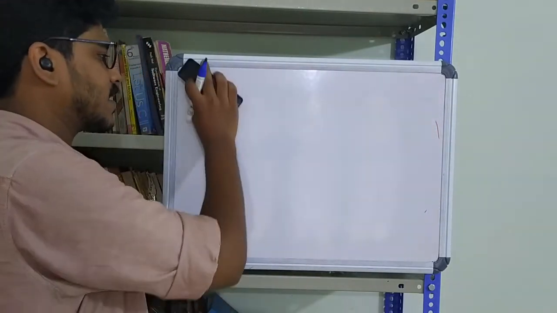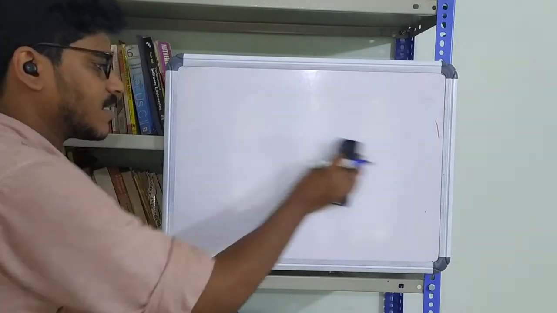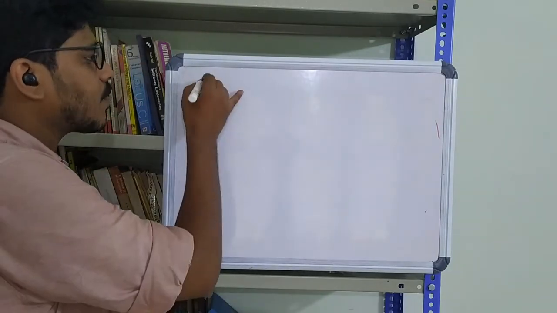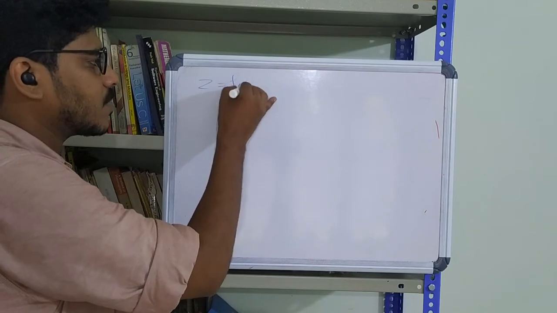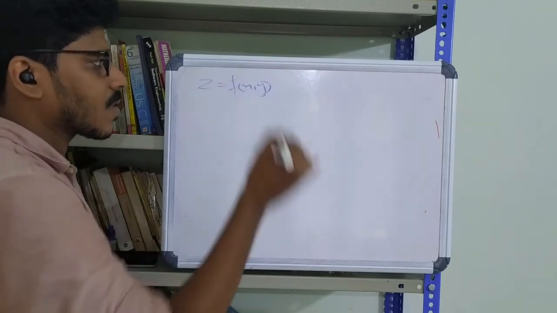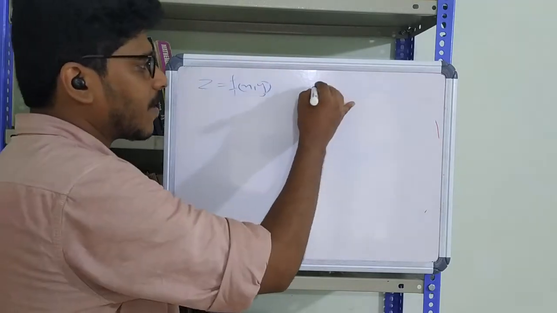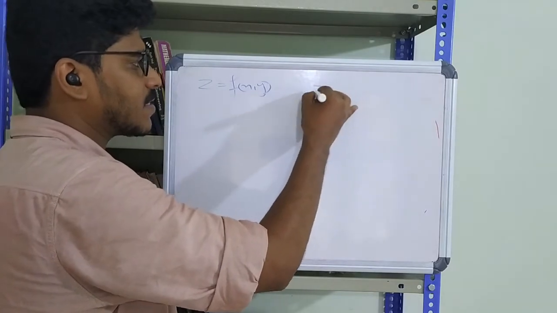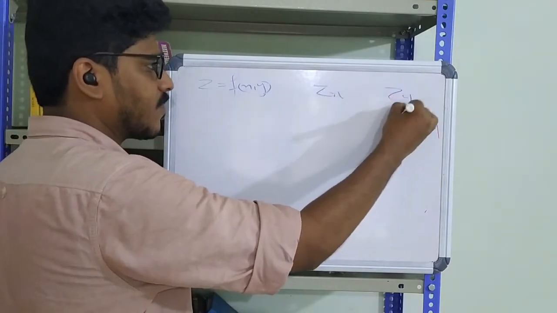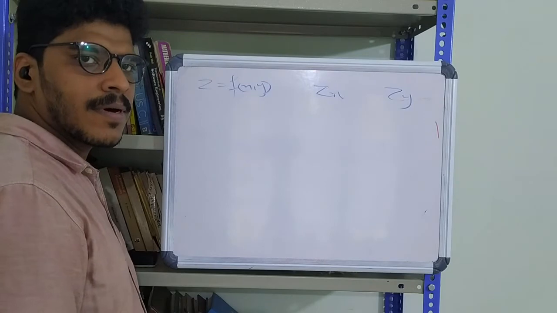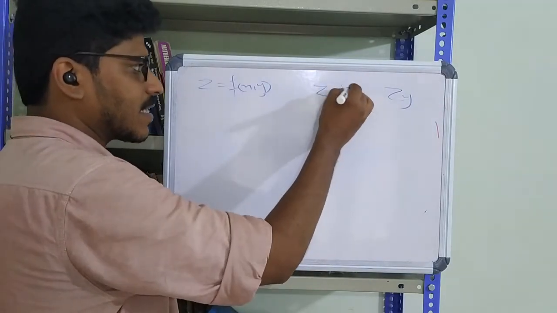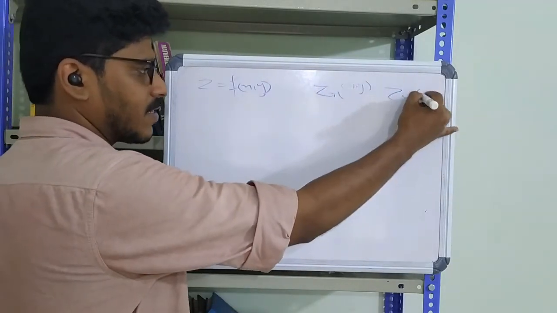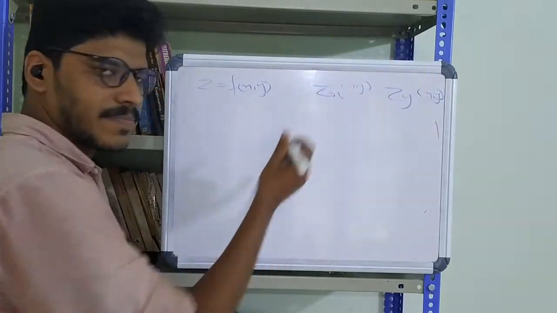We move out of the example now. Let's generalize things a little more. Suppose we have a function z equal to f of x, y. We find the partial derivatives zx and zy. Right. zx is a function of x and y, and zy is a function of x and y.